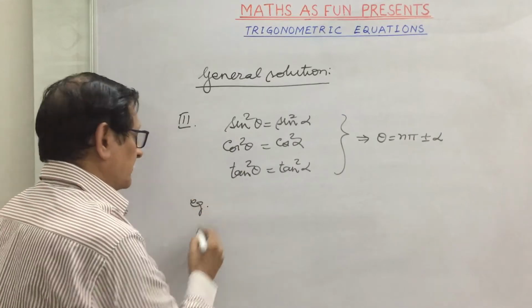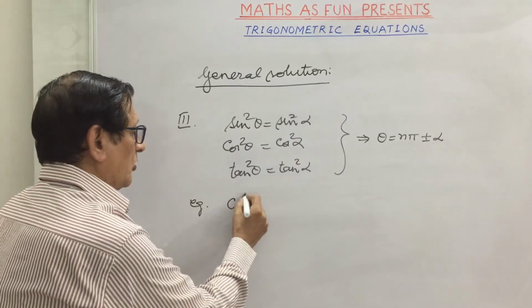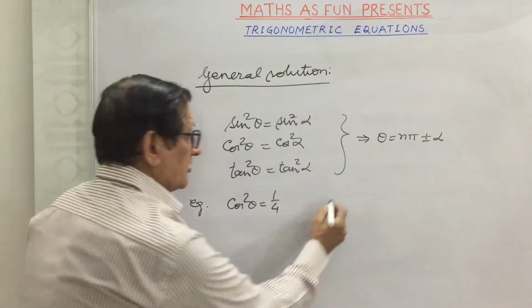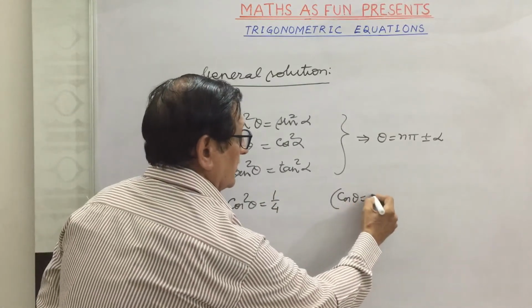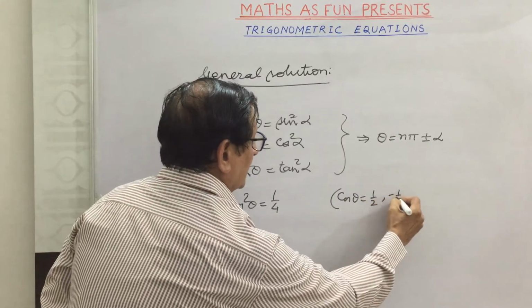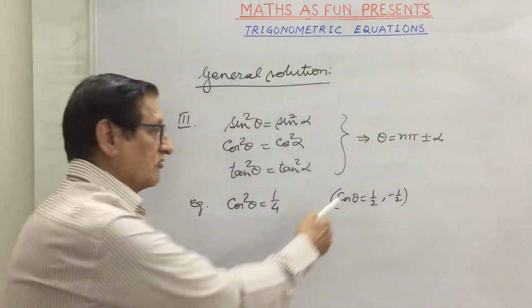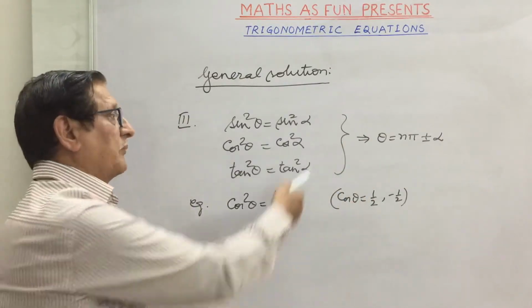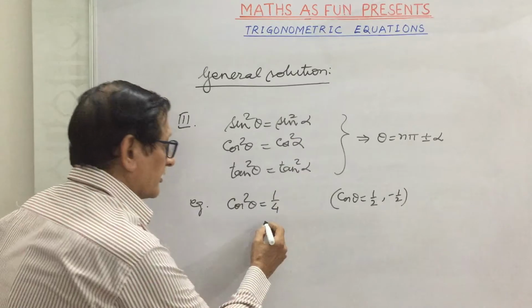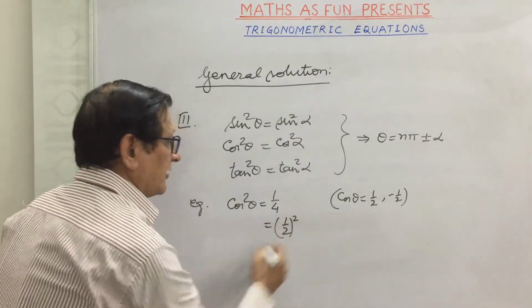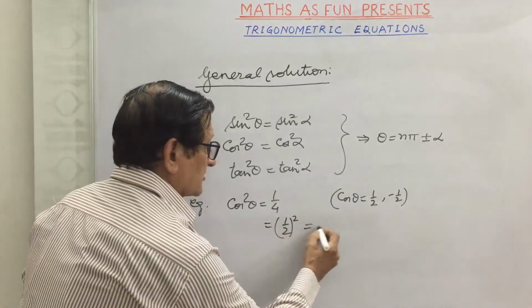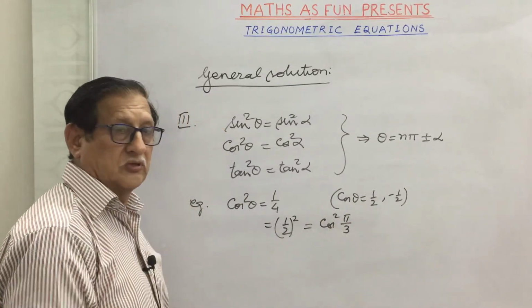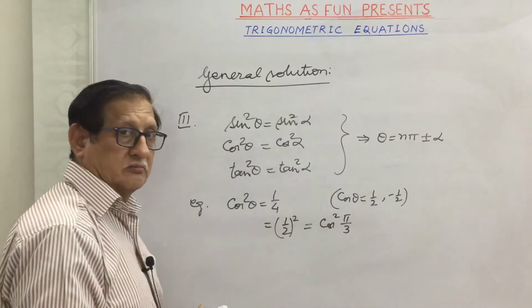Suppose we have been given the question as cos square theta is equal to 1 by 4. So instead of writing cos theta equal to 1 by 2 or minus 1 by 2, because there will be two values, and then we have to go for these two solutions, if we apply this formula directly, we can write here this is the square of 1 by 2, or we can write this is the square of cos pi by 3, because we know cos pi by 3 is 1 by 2.